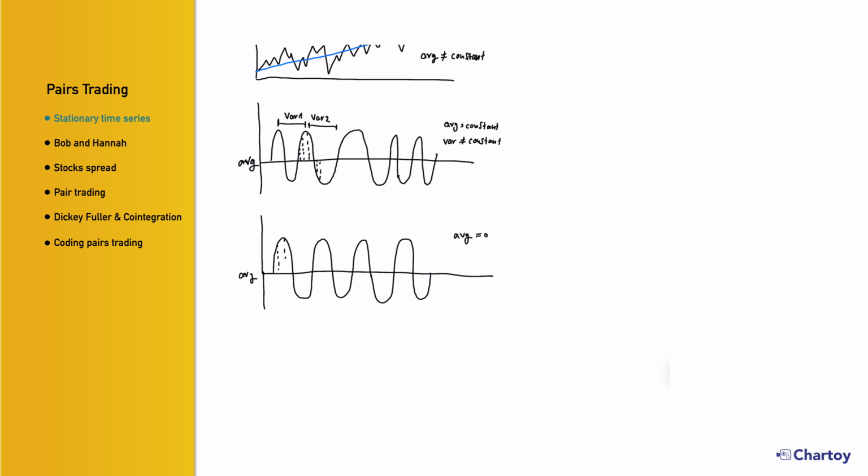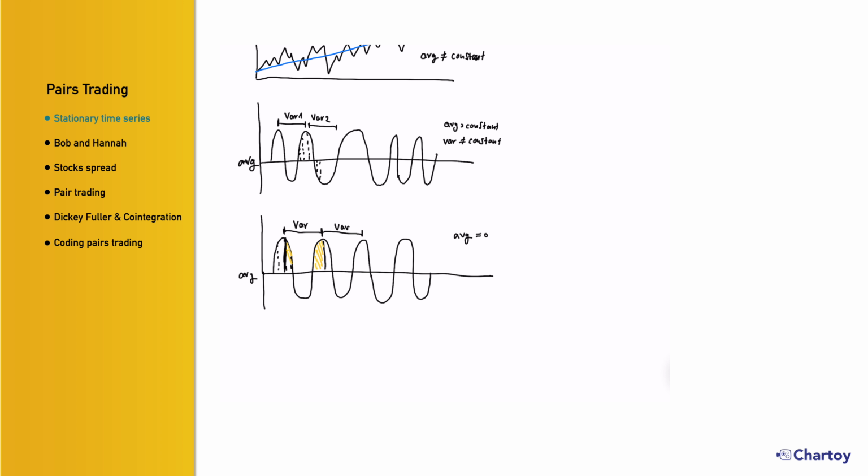As we said, the variance is the average of the distances from the mean. So if we measure the variance in this period, and we measure the variance in this period, we're actually going to get that they're equal. And why is that?